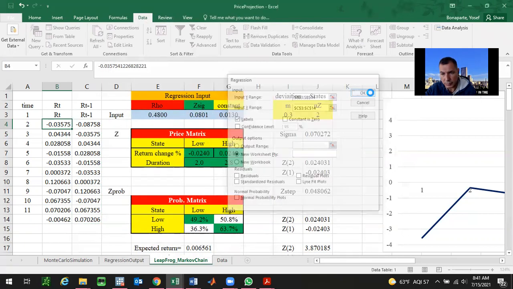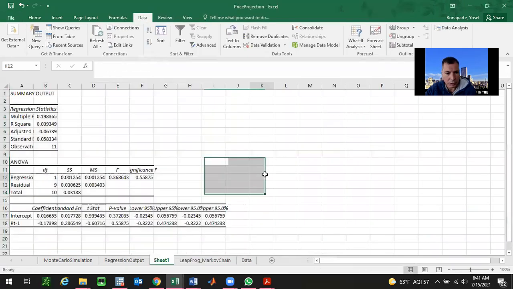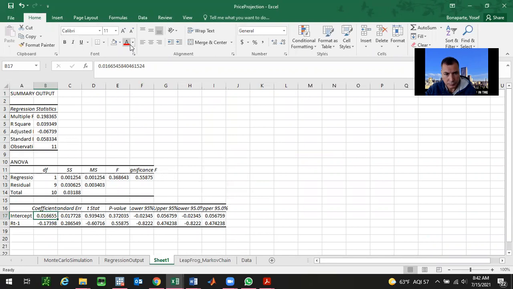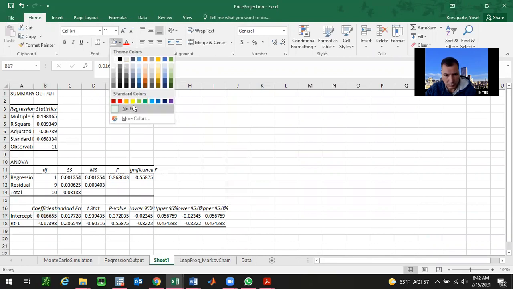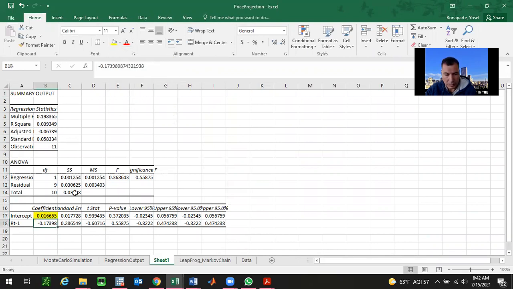And OK. So now this is the constant. I'm going to put it in the yellow. And this is the red. And then you have this one. Okay, I'm going to put in the green.